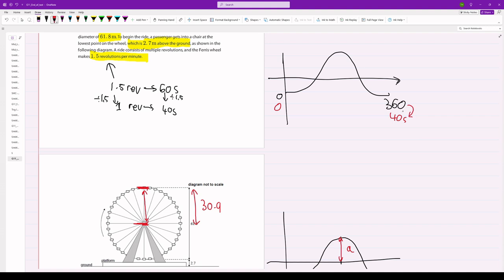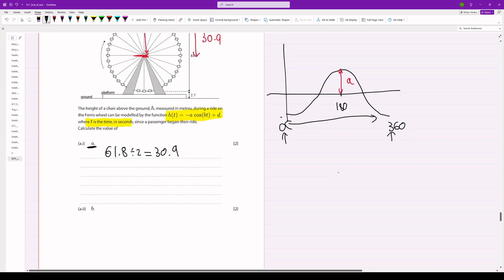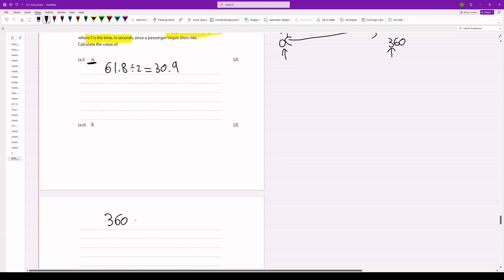So I've gone by some multiplier, 360 multiplied by something gives me 40. Pretty easy to work out. Let's give that a letter. Let's call that K. I like the letter K. K is equal to 40 divided by 360, which is the same as 1 divided by 9. Magic. So 360, wrong way around, sorry. 40 divided by 360 gives me 1/9.